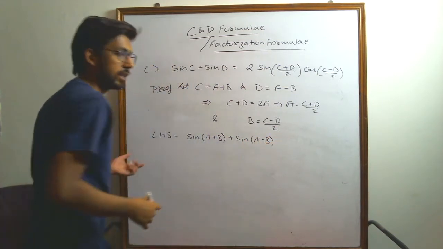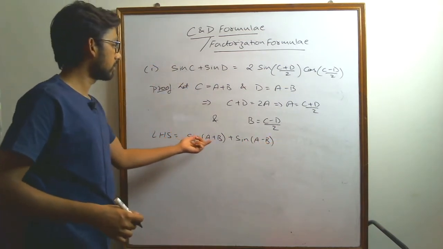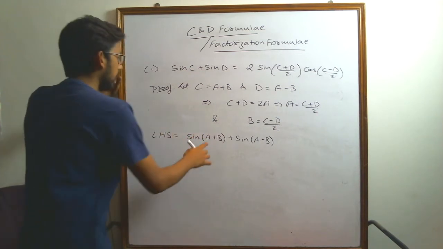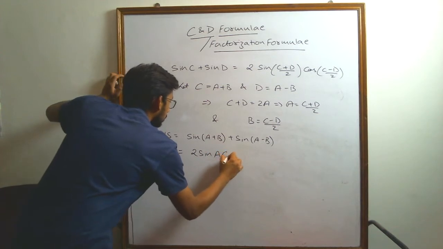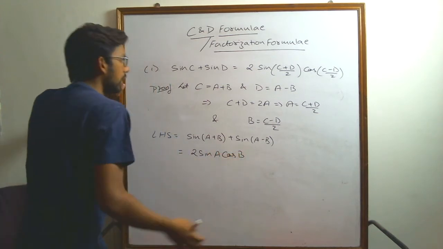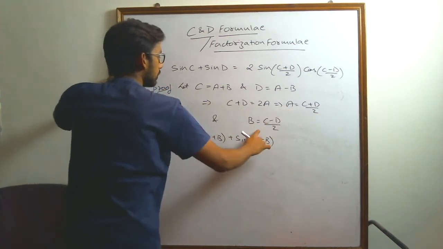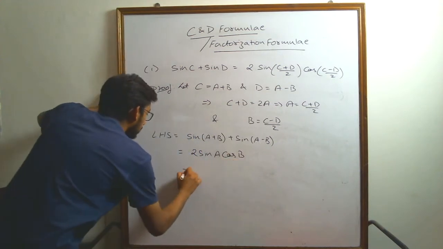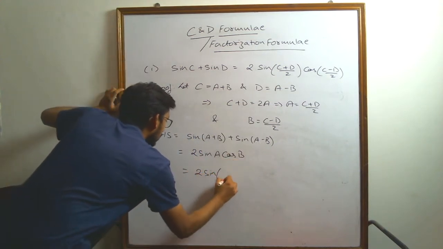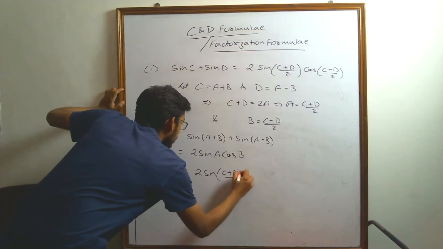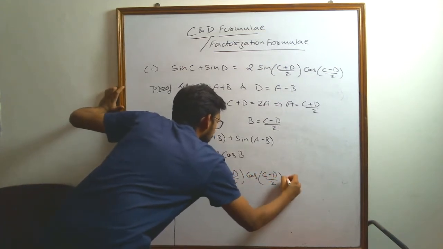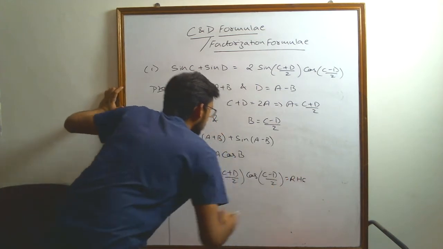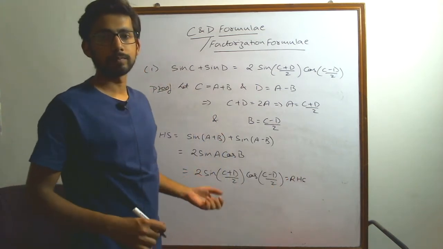Now we have looked at these formulas in the product to sum formulae. So I can write this as 2 sine A into cos B. Put the values of A and B back into this to get 2 sine (C plus D) by 2 into cos (C minus D) by 2, which is our RHS, and it is in the factor form.